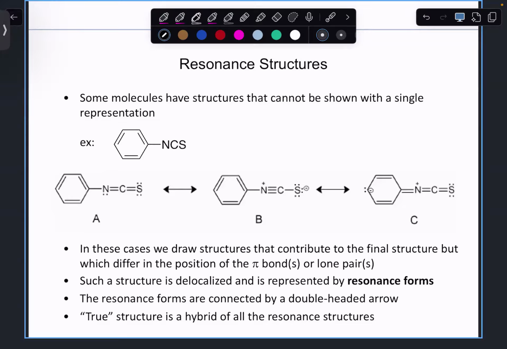So compare these two. Notice what has changed. The most apparent thing to me is the carbon to nitrogen was originally a double bond. It is now a triple bond. Well, how did we get that new bond?